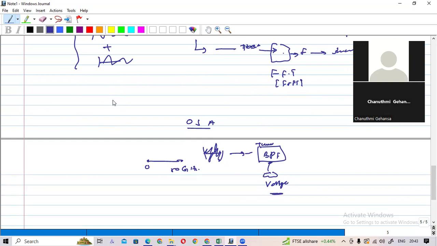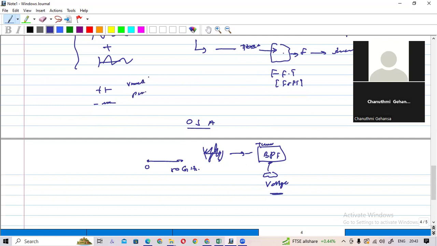A band pass filter you can construct using a capacitor and inductor. Maybe you know that varactor diodes and pin diodes are there. When we change the input of the varactor diode and pin diode, the capacitance and resistance will change.